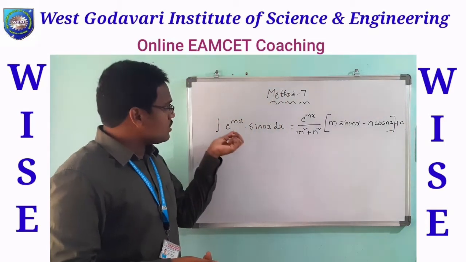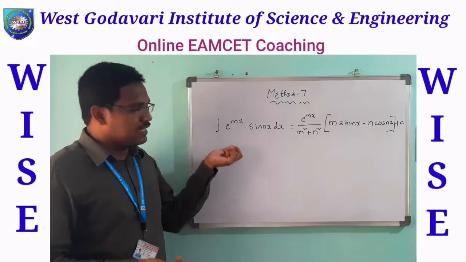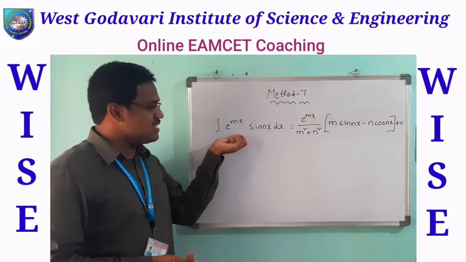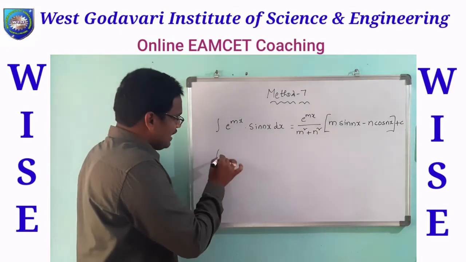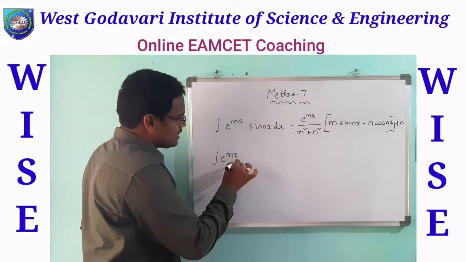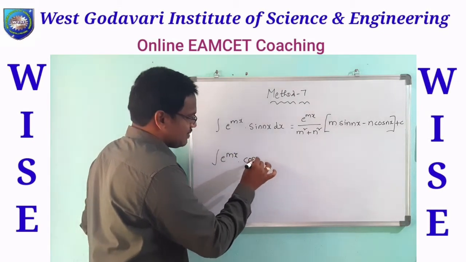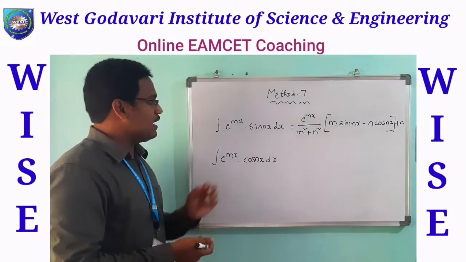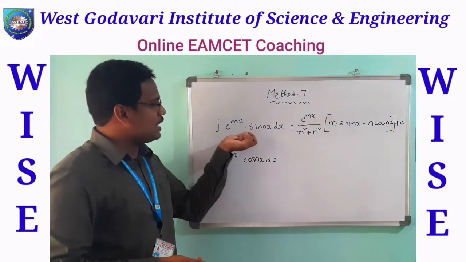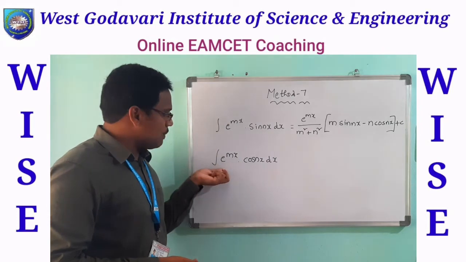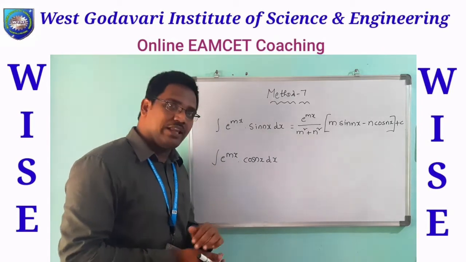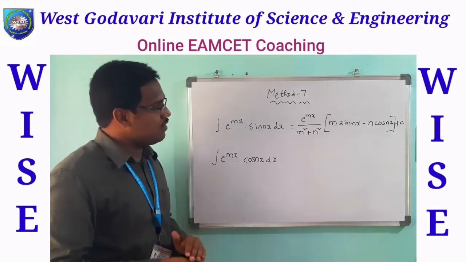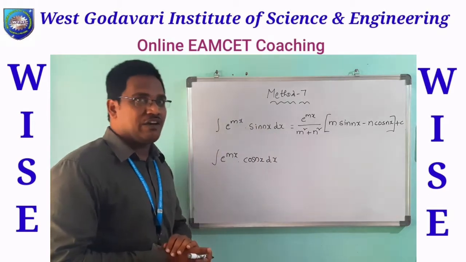Now coming to another shortcut trick, similar to this. Here the integration is e power mx cos nx dx. Here the two integrations are different from each other. In one, e power mx is multiplied with sin nx, and in the other, e power mx is multiplied with cos nx. Then the results of these two are also different from each other.